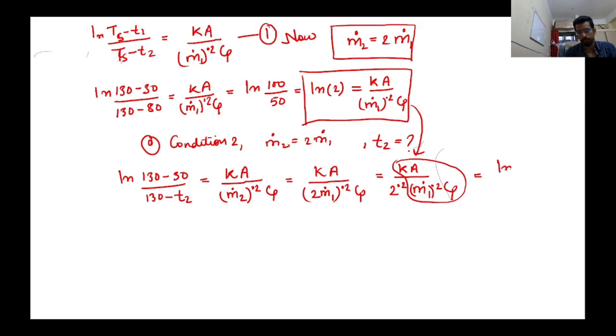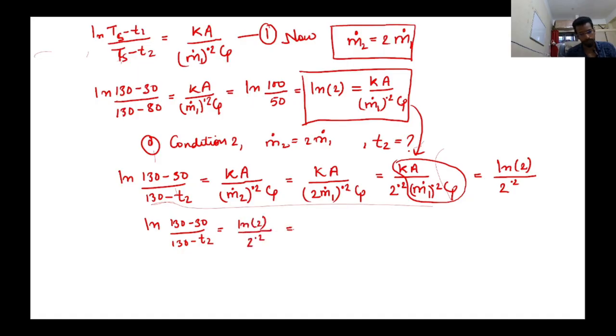So ln 2 divided by 2 to the power 0.2. So we have ln of (130 minus 30) upon (130 minus T2) is equal to ln 2 divided by 2 to the power 0.2.